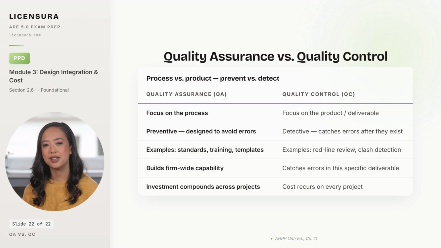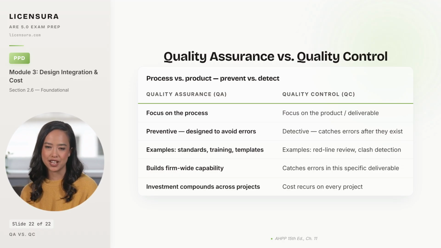Every project benefits from the standards, templates, and trained staff, while QC cost recurs on every project because every deliverable needs its own review cycle. The firm with strong QA spends less on QC because fewer errors get through. The firm with weak QA spends heavily on QC and still ships errors. The exam expects you to recognize that pattern.